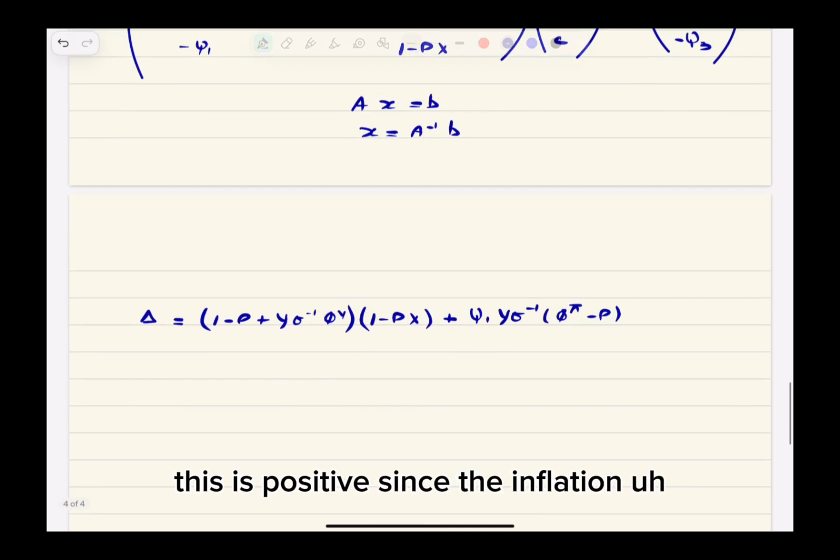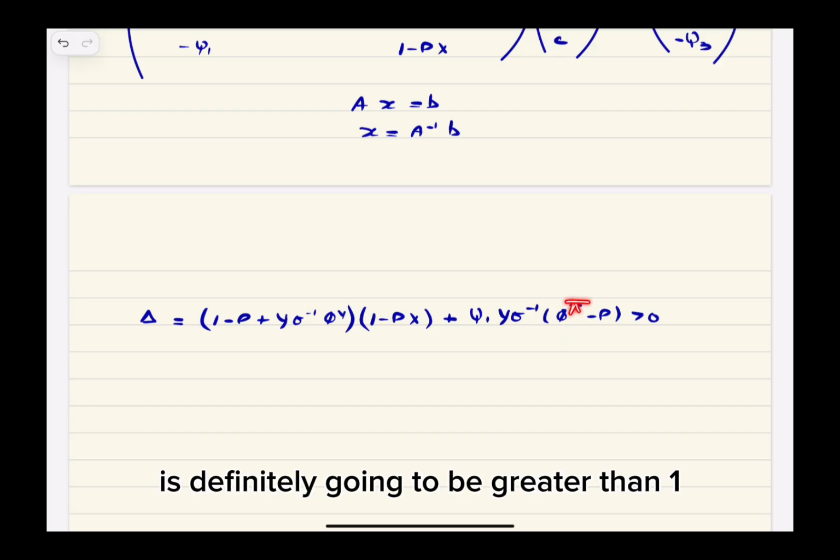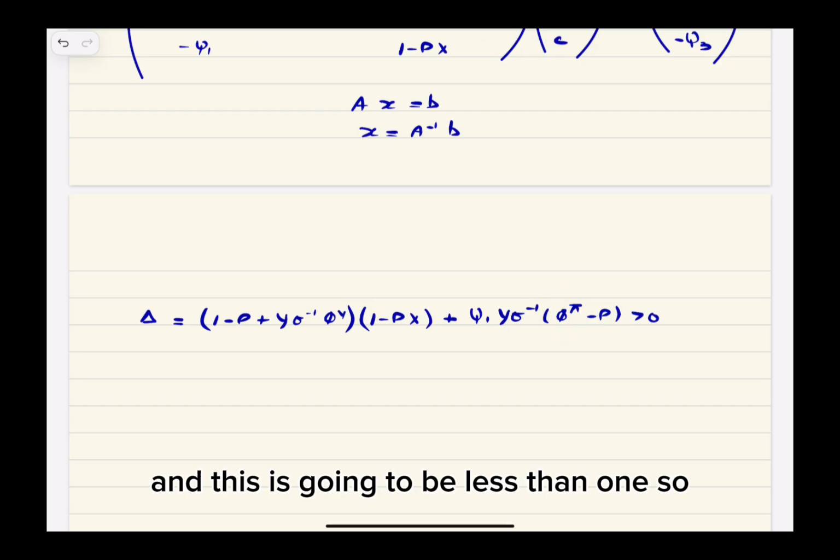As you can see, this is positive since the coefficient of inflation is definitely going to be greater than 1, and this is going to be less than 1.